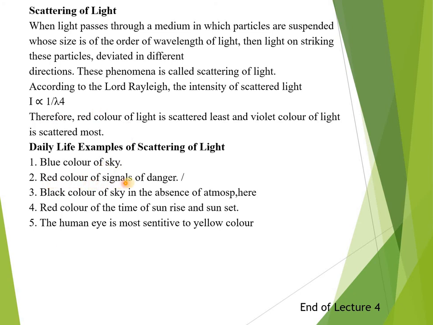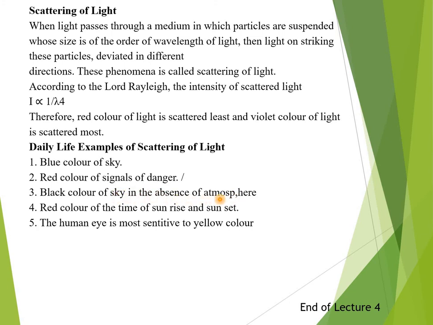Red color is the sign of danger; danger signals are made red because they can be seen from a distance, as you can see this laser pointer is red also. Red has maximum wavelength, so minimum scattering, so it can be seen from greater distances. Then, in the absence of an atmosphere, the sky color is black.